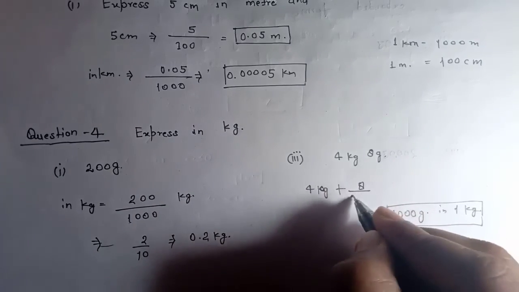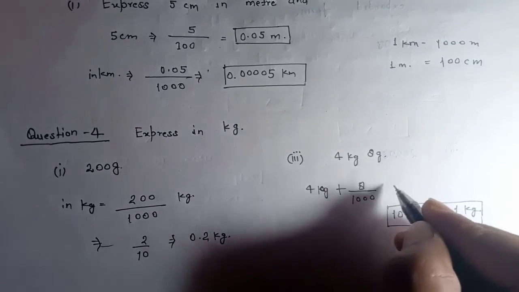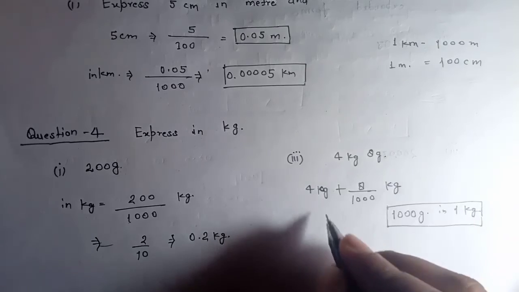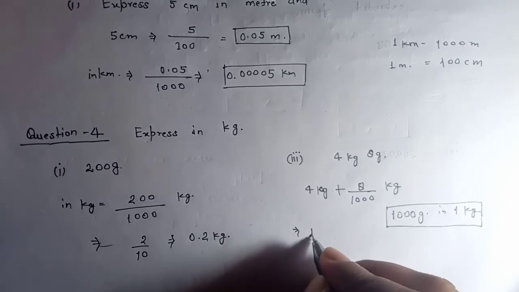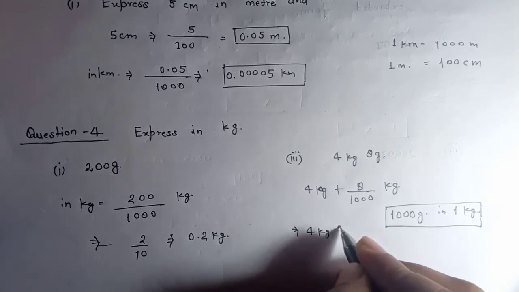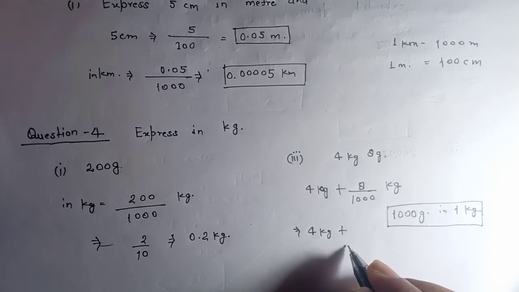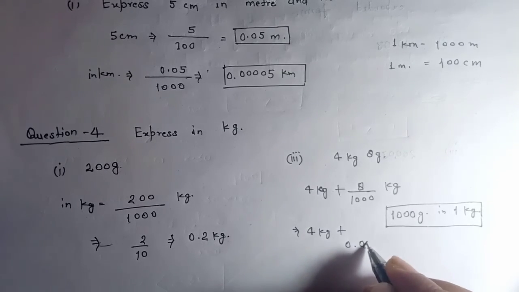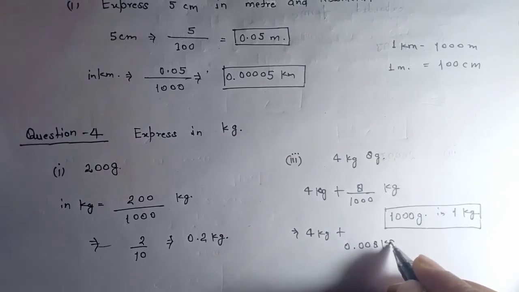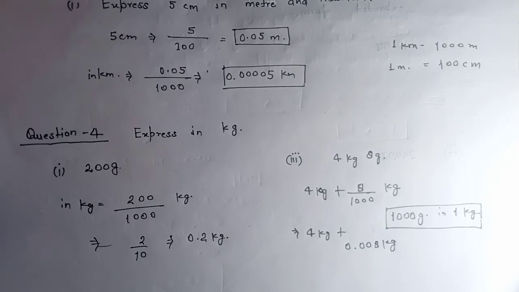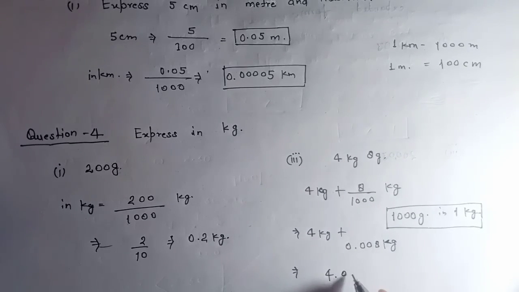So it is 8 upon 1000 kilogram now. And now it is 4 kilogram plus this 0.008 kilogram. Check it. Divide 8 by 1000, you will get 0.008 kilogram. Add both the numbers, you will get 4.008 kilogram.